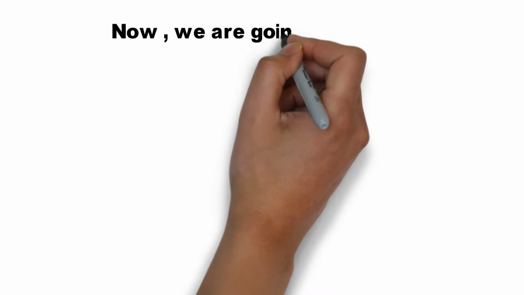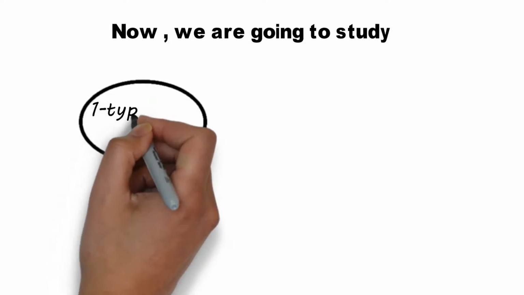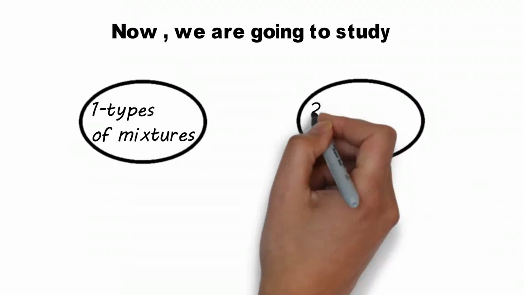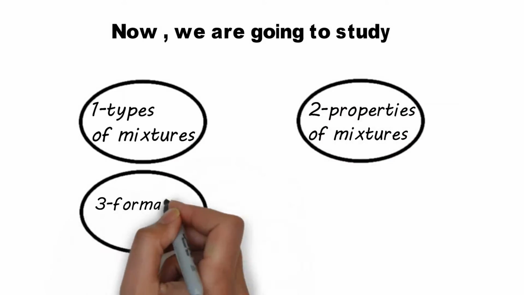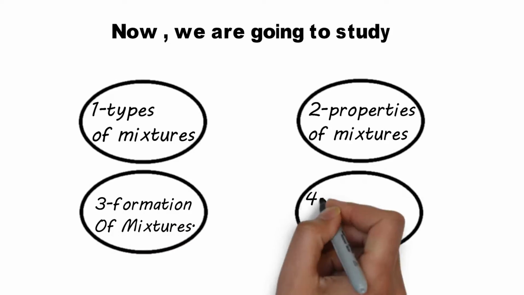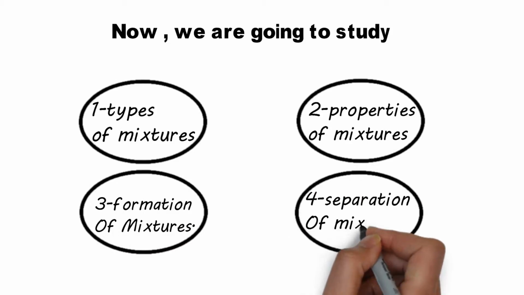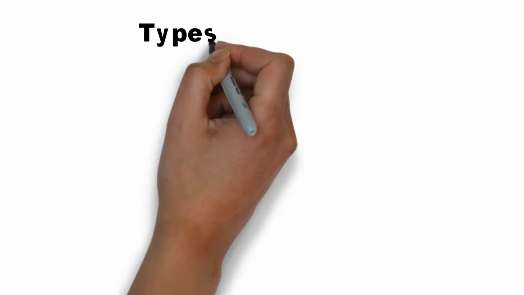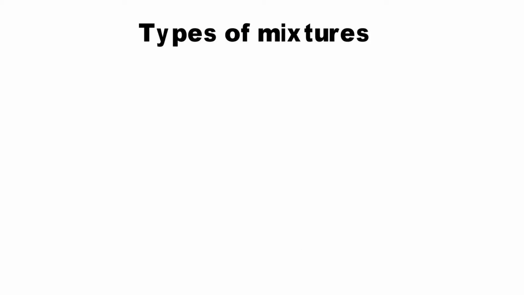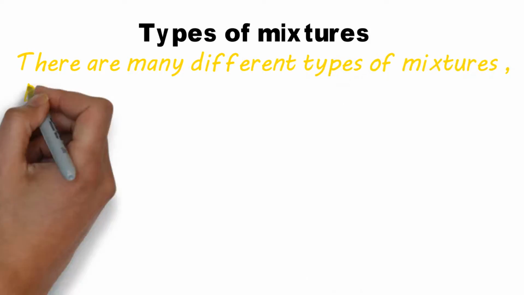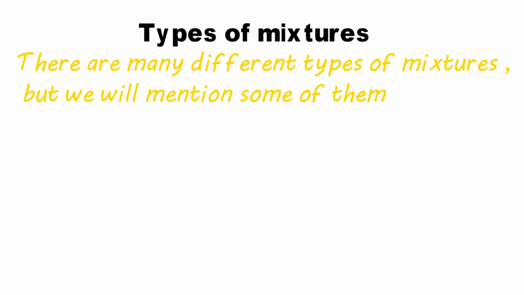And we are going to study four things: the types of mixture, the properties of mixture, the formation of mixture, and the separation of mixture. According to the types of mixture that we already learned, we classify it into five types according to the states of matter. The states of matter are solid, liquid, and gas.